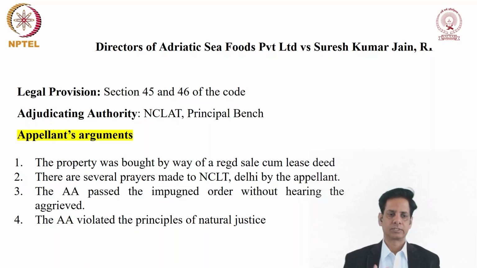NCLT never heard us. The adjudicating authority passed the impugned order in a hurry without even hearing us. So, as an appellant, my argument to NCLAT is that NCLT, the adjudicating authority, violated the basic principles of natural justice by not hearing me and passing an impugned order against me. Hence, this appeal is justified in my view.